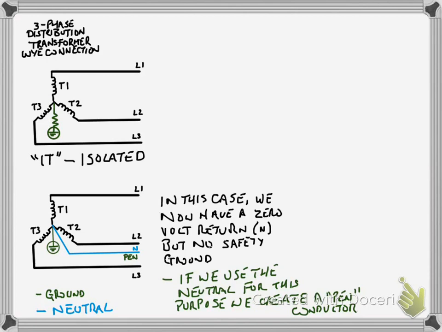This is a connection you often see in distribution supply systems, but you don't often see in facilities or in homes. Typically, the difference between a safety ground and the neutral is that the neutral is permitted to carry current under normal conditions, and the safety ground wire is not permitted to carry current. When you have a PEN conductor like this, you're combining those two things, so you can use it for safety ground, you can use it for neutral, and it can carry current.